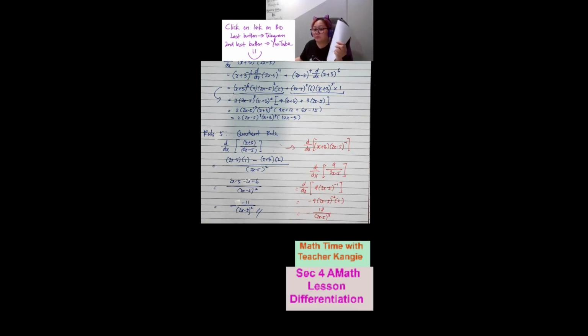So be careful, it is not that when you see a fraction, straight away it is quotient rule. This one, the numerator is a number, there's no x. So I can bring the 2x minus 5 up, and then it becomes a chain rule, just using chain rule to differentiate.